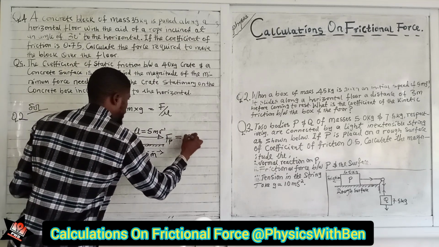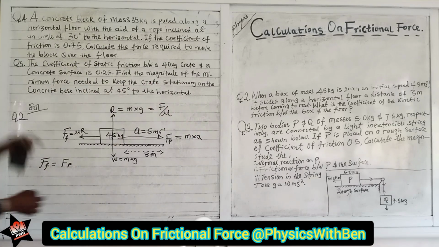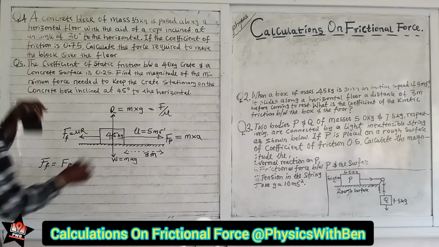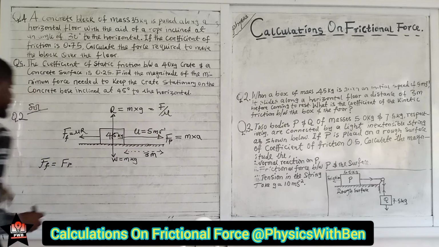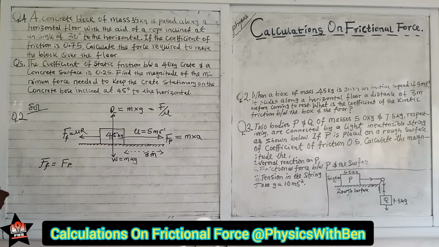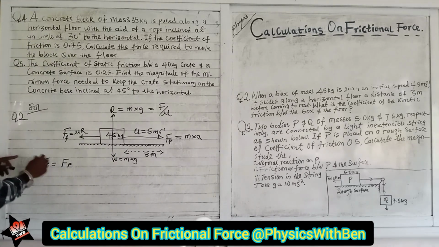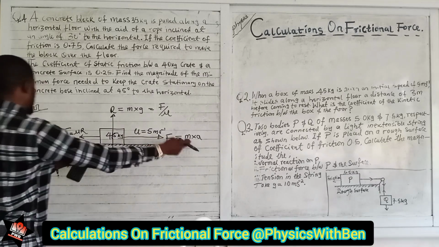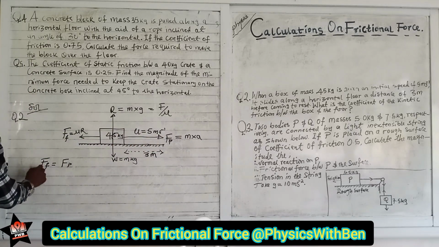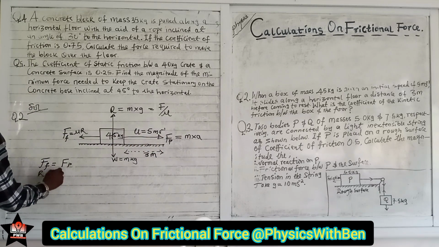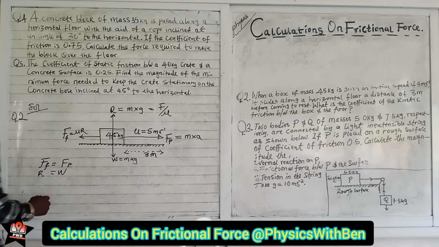Our pull force is mass times acceleration. So we write that our frictional force is equal to our pull force, and then our normal reaction is equal to the weight of the block.